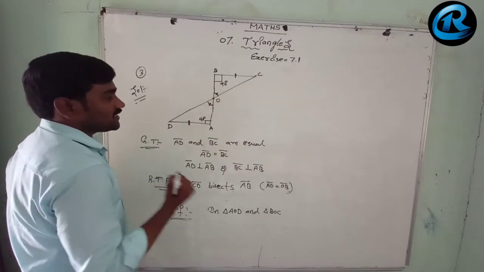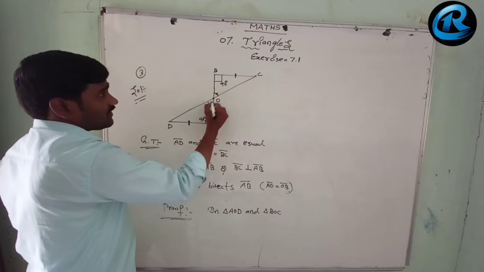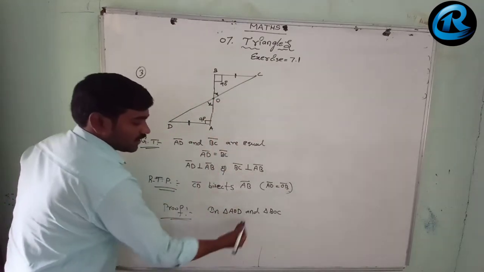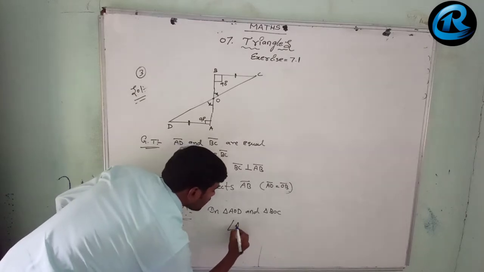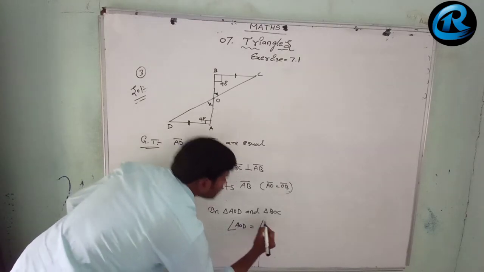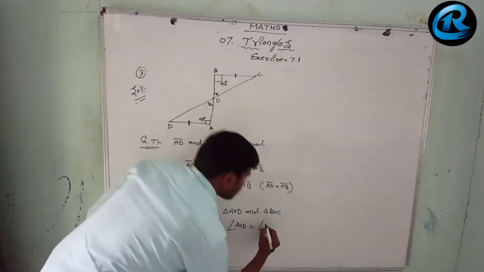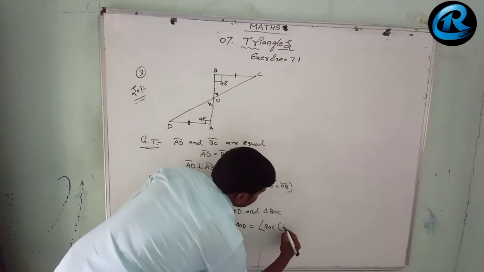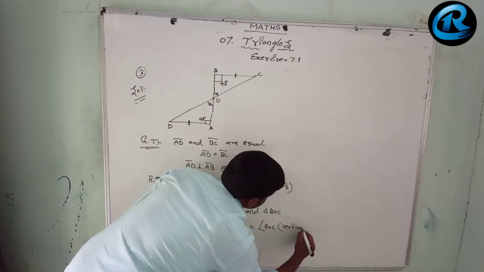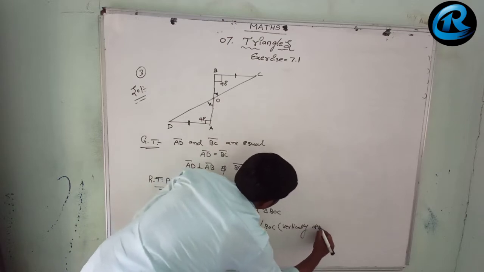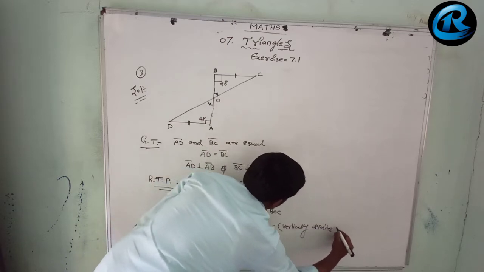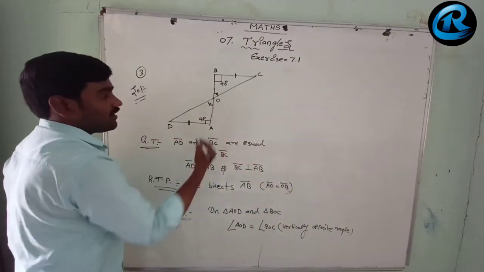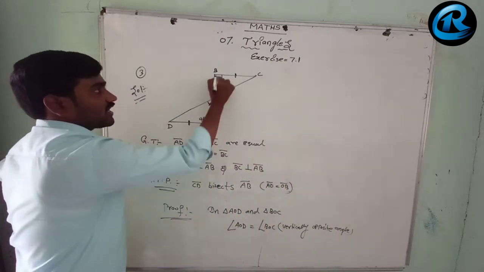How can we show that? See here, first angle AOD. Angle AOD is equal to angle BOC. This is a vertically opposite angle. By vertically opposite angles, these two angles are equal, and here are perpendicular lines.